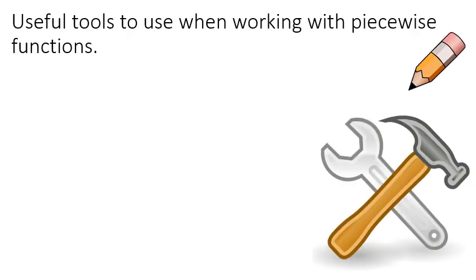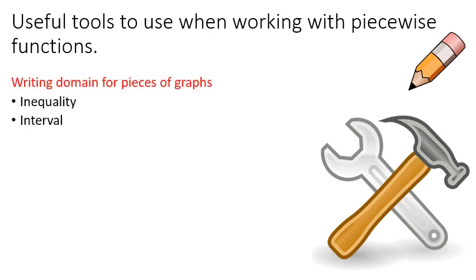Some useful tools to use when working with piecewise functions. Writing domain for pieces of graphs. The first notation we've seen is some sort of inequality, like all x's that are greater than or equal to 7, or if it's a range of x's between two numbers.